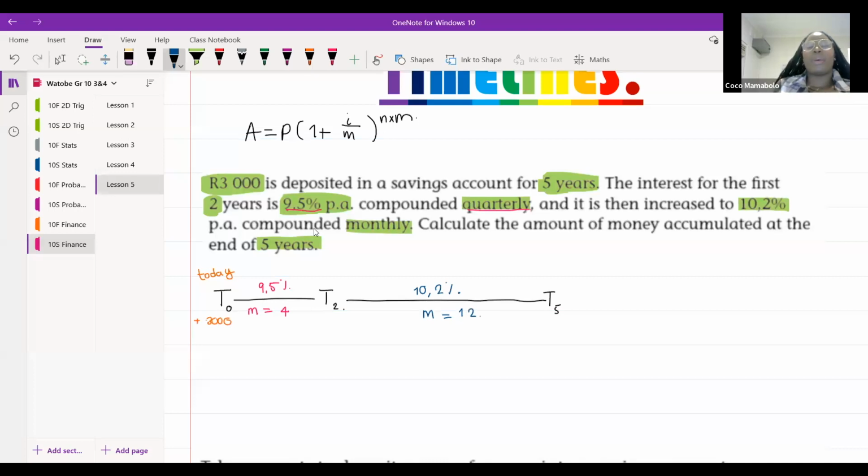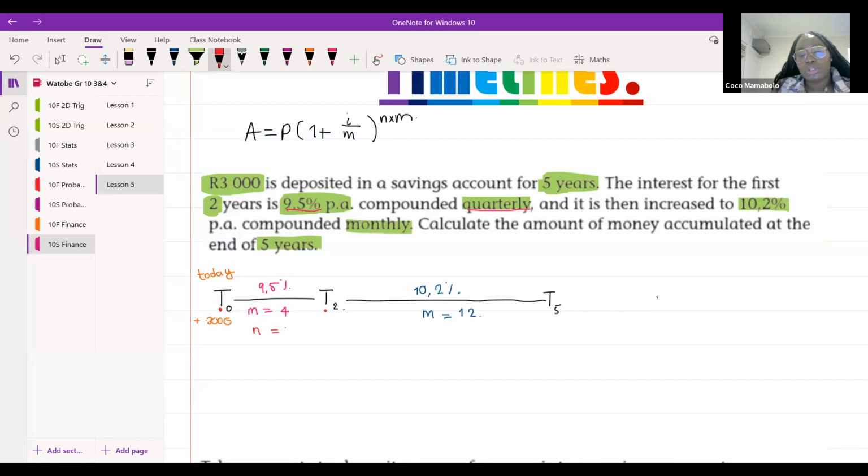Now, remember, this isn't only going to affect the M values and the I values, it's also going to affect our N value. So we know that from here to there, how many years do we have? N is equal to what in this first calculation?